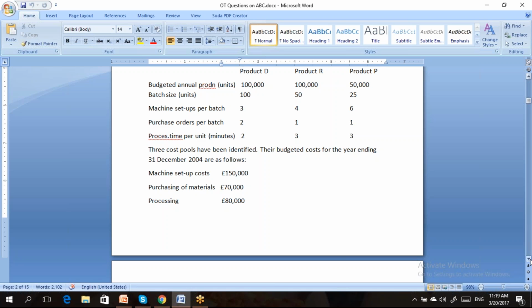You are getting it per minute, isn't it? So there we have a problem, because what we are getting is per minute. So product D is going to take 2 minutes, and product R is going to take 3 minutes.